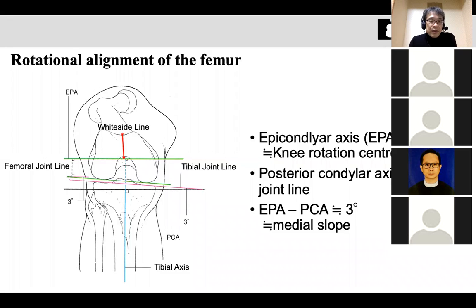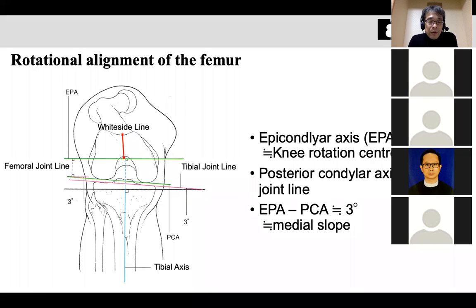And this line, the green line, TEA or SEA, makes 3 degrees of angle against the PCA or joint line. Okay, and clinically, we can know this line using the Whiteside line. The Whiteside line is between the lowest point of the trochlea and the highest point of the intercondylar notch.